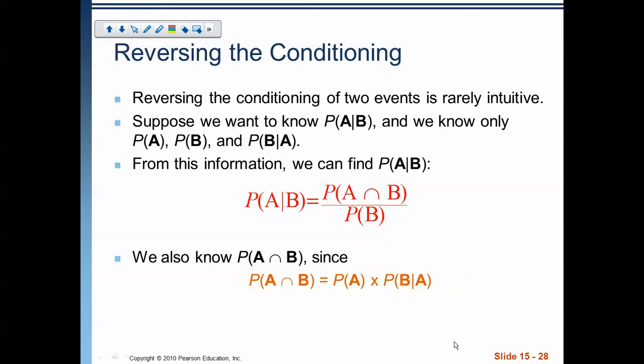But the information we know is P of A, P of B, and the probability of B given A. Notice how those are not the same thing, right? Switching that condition changes the problem significantly. When you have the contingency table, it's fine because you're just looking at either a different row or a different column. But when you don't have all of that information, you can't do it easily, right?